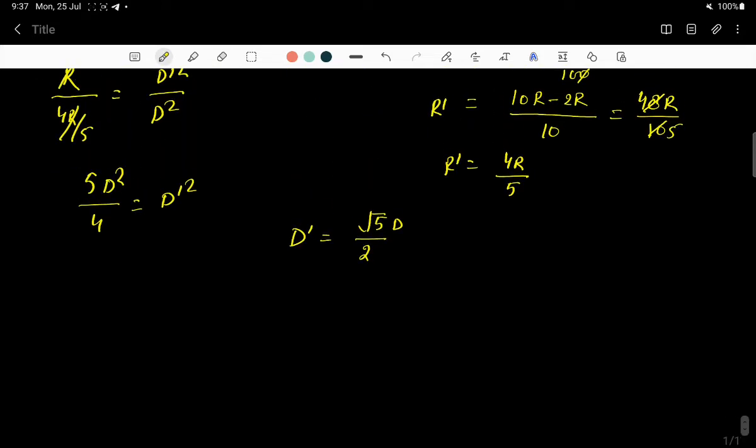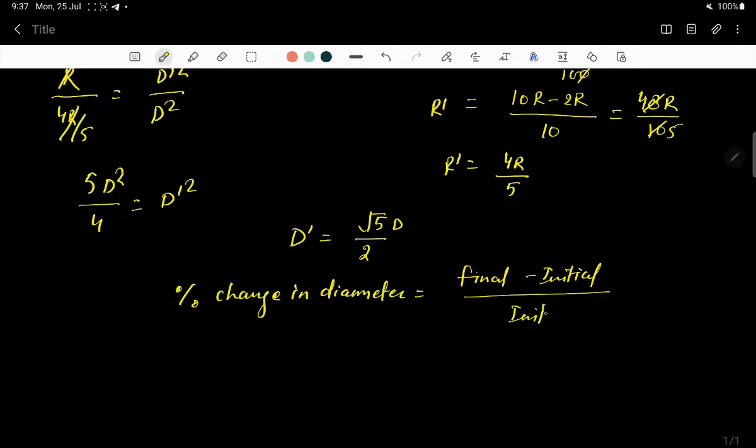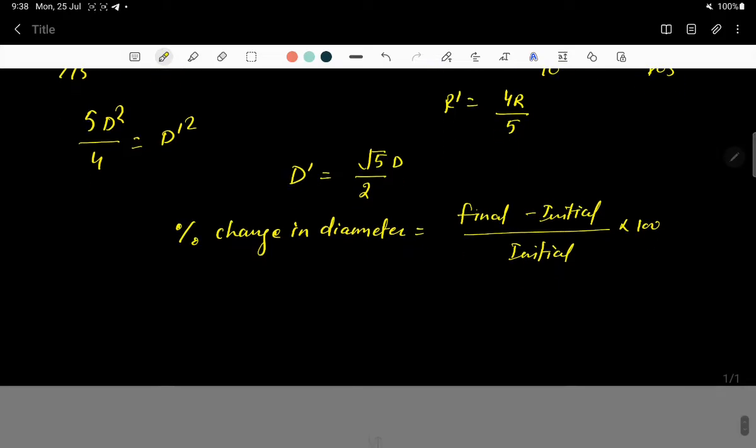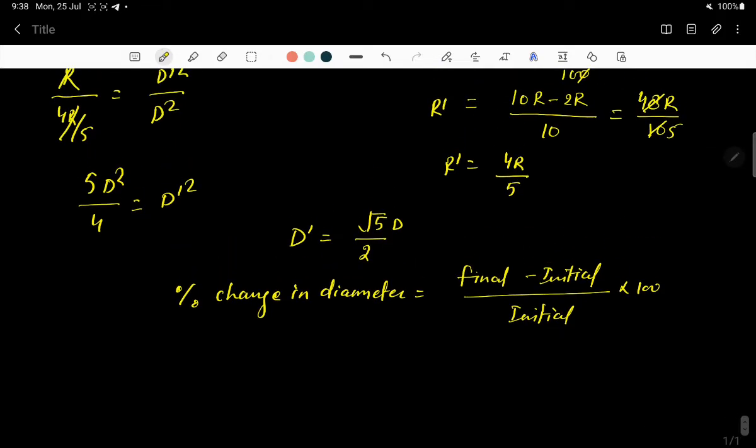So for that we use the basic formula. The percentage change in diameter is calculated by the simple formula: final minus initial upon initial into 100. For diameter, it is final diameter minus initial diameter upon initial diameter into 100.